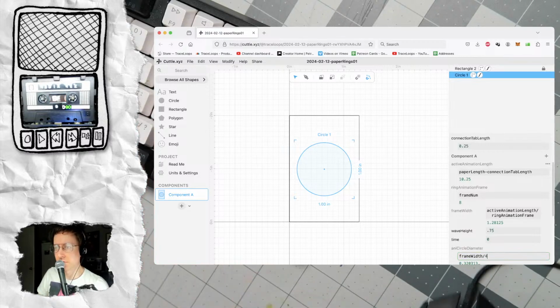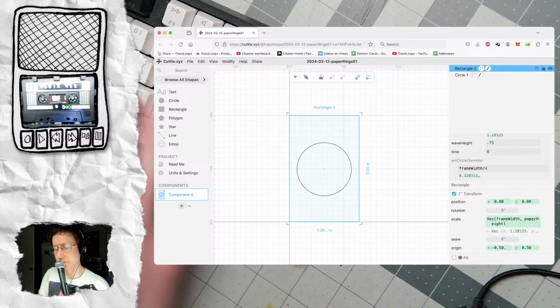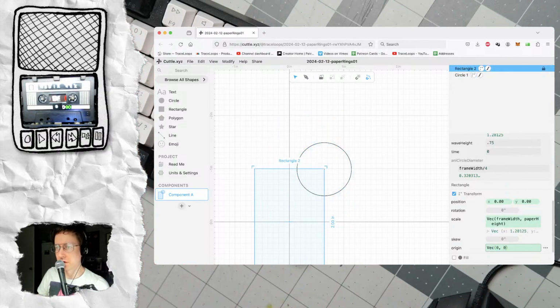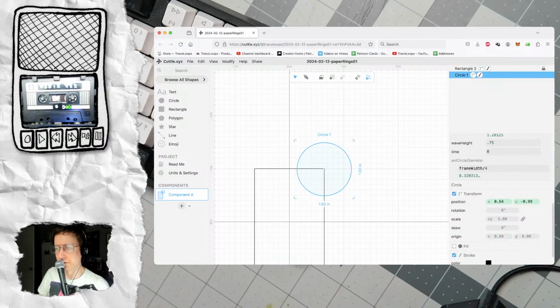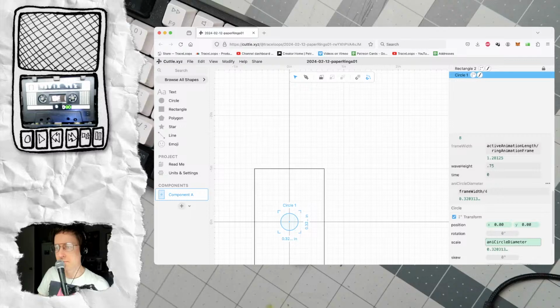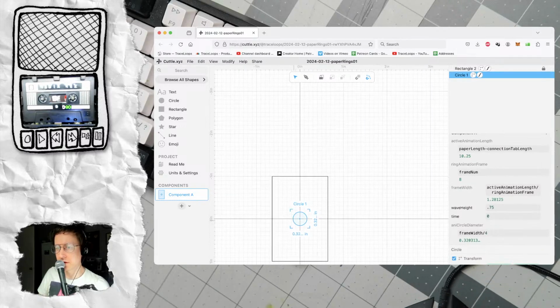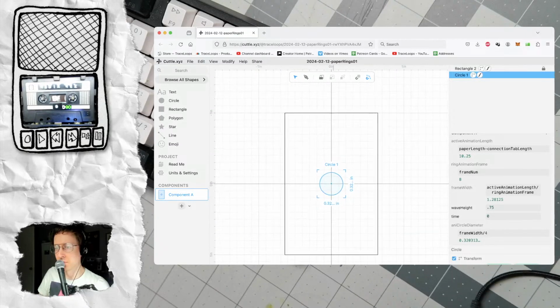So let's come over here and add that in. That also means I'm going to reset this to 0, 0 because it's easier to animate with everything there. And this is 0, 0, not 90, 0. The scale of this is circle diameter, frame width divided by 4. So now we have just this little circle guy.